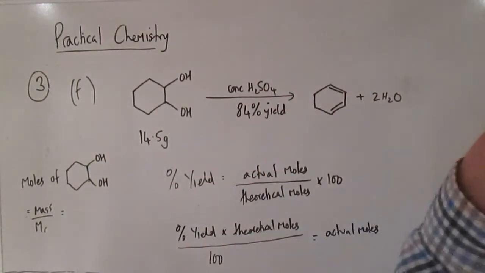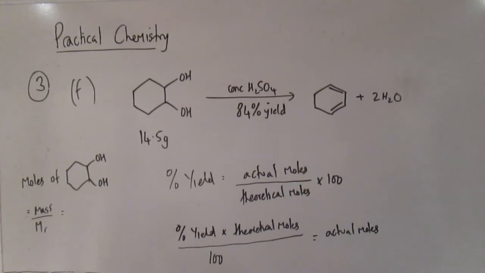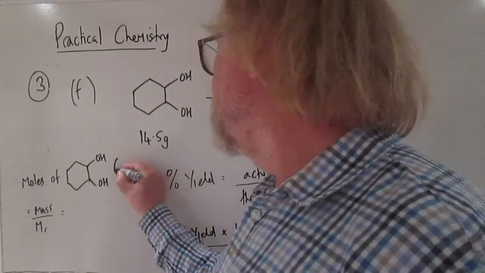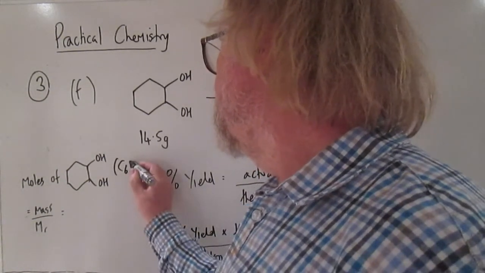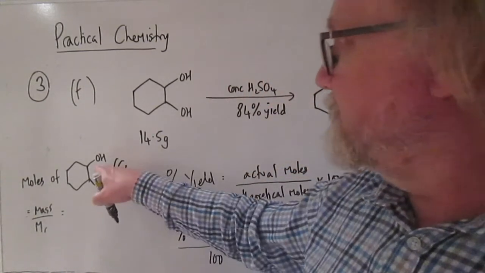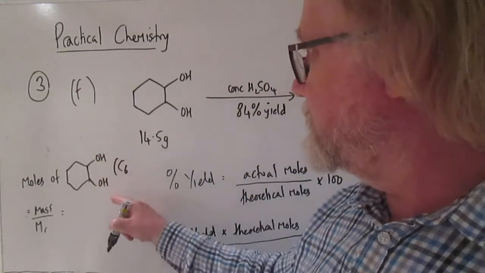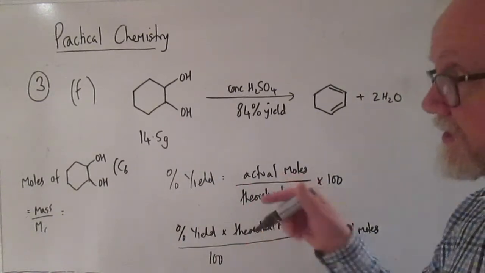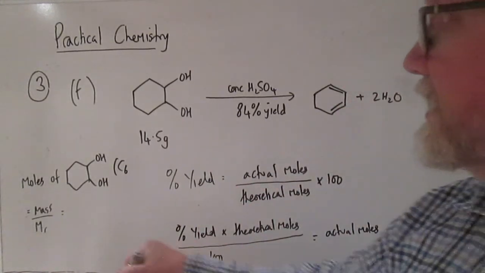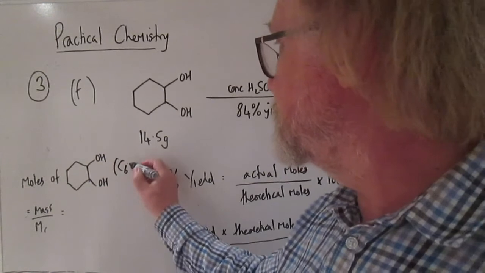Make sure that you count the hydrogens correctly. So this is going to be C6, and if these were just hydrogens, it would be C6H12, remember, not 14, because the ring takes 2 hydrogens away, but you've got the 2 extra oxygens inserted as well.